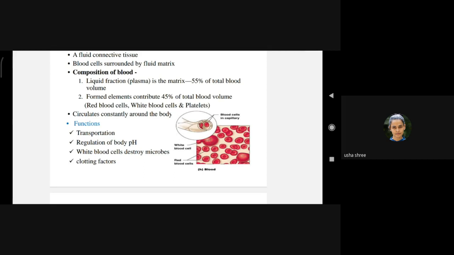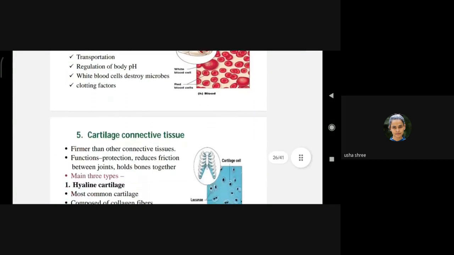So, regulation of pH. And white blood cells destroy microbes. We all know white blood cells are our defense system. And clotting factors. Obviously, this is a very important factor. When our body is injured, then our collagen fibers and platelets clot the blood so that blood loss can be prevented. So these are the main functions of blood.